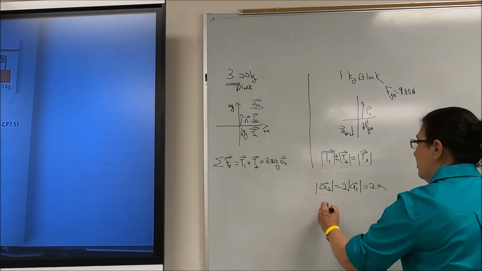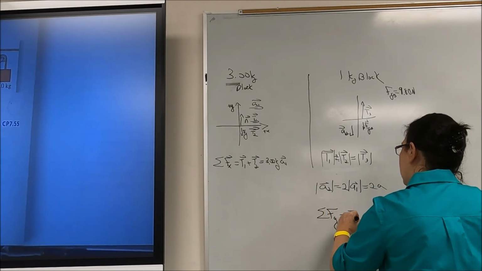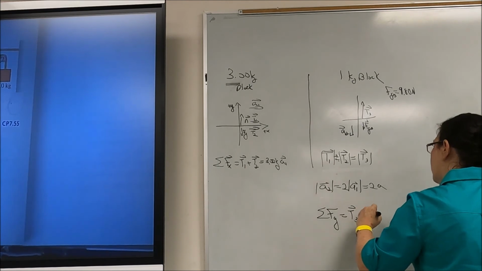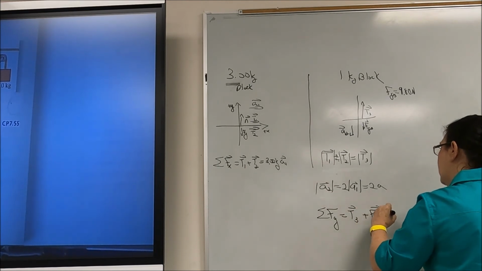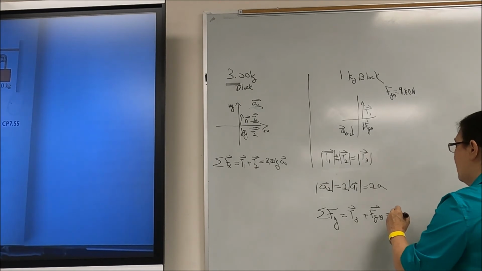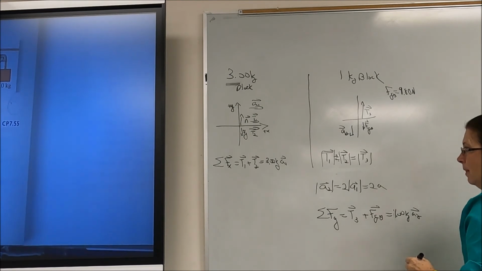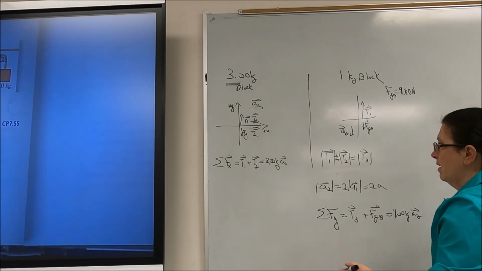So if I look at the sum of the forces here in the y direction, I have T3 plus force due to gravity is going to equal A2 times the mass, 1 kilogram. Now let's start subbing things in.